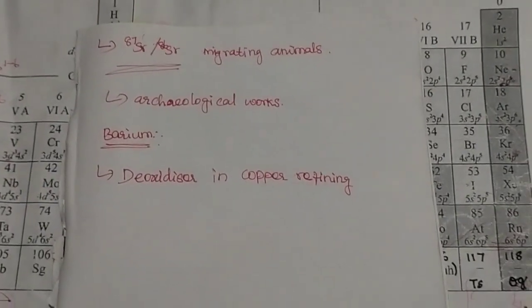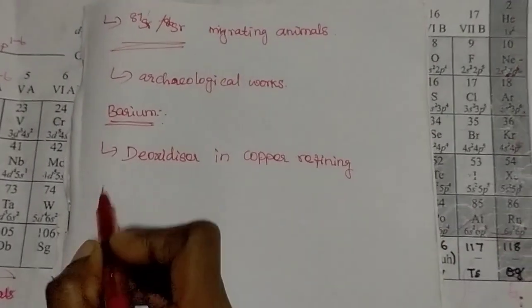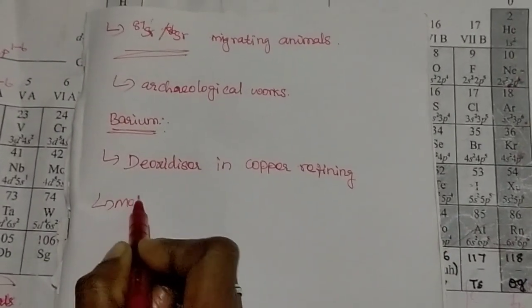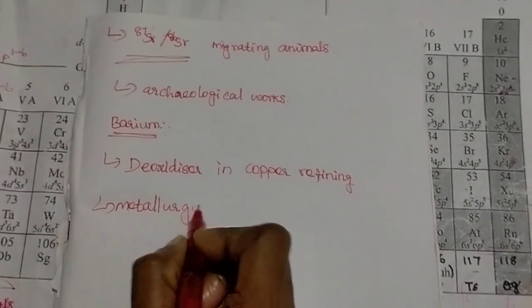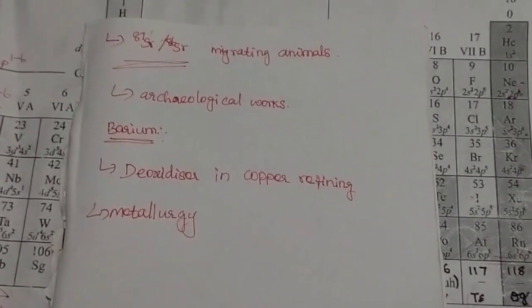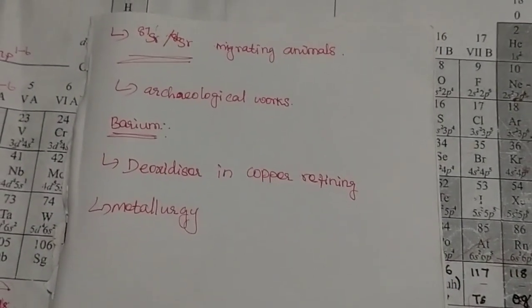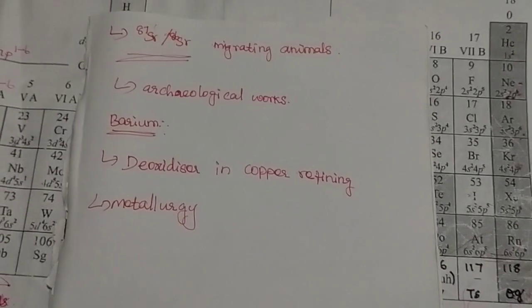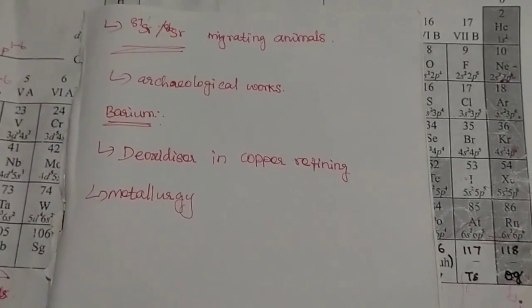And barium plays an important role in metallurgy processes, in pyrotechnics, petroleum mining and radiology. In all these fields we use barium.